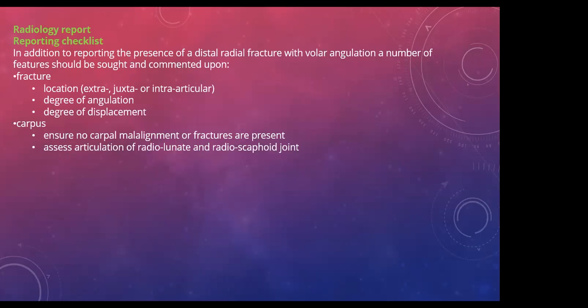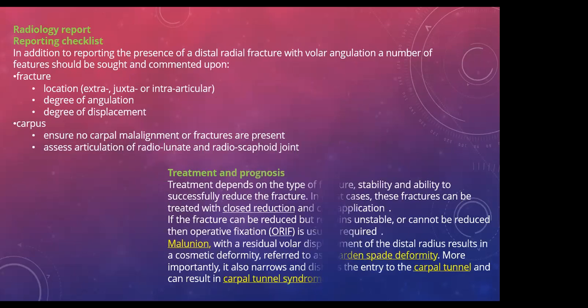In addition to reporting the presence of a distal radial fracture with volar angulation, a number of features should be sought and commented upon: the fracture location, extra-, juxta-, or intra-articular, degree of angulation, and degree of displacement. With involvement of the carpus, ensure that carpal malalignment or fracture is not present, and assess articulation of the radiolunate and radioscaphoid joints.